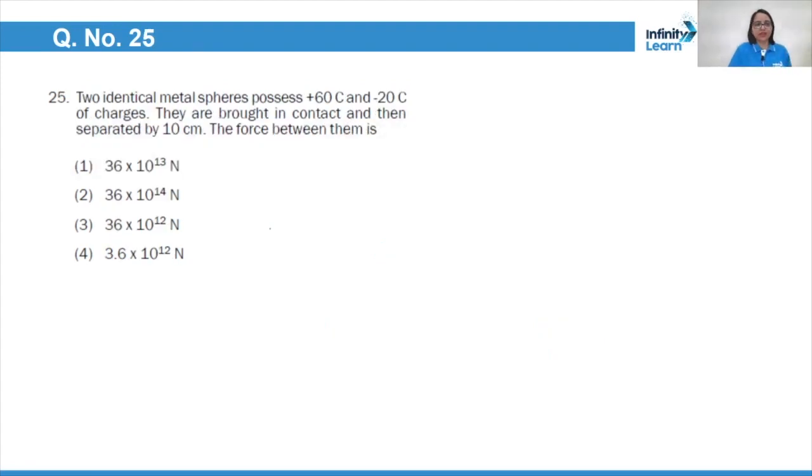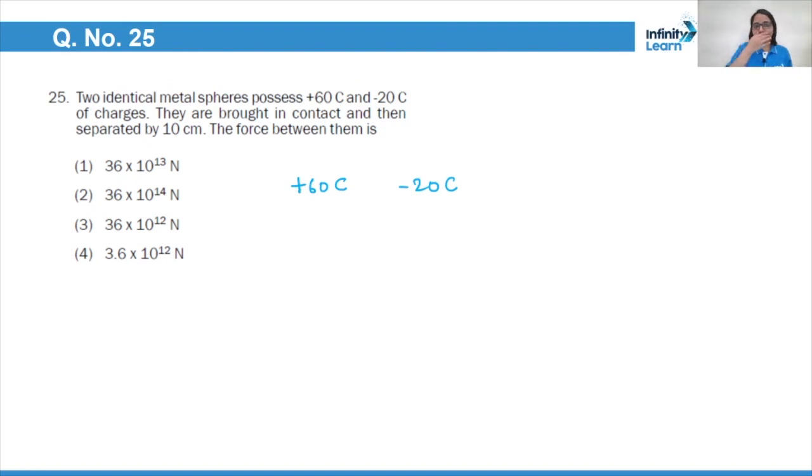Question number 25. We have two identical metal spheres with plus 60 coulomb and minus 20 coulomb of charges. They are brought in contact, then separated by 10 centimeter. Because of the contact, there's some potential difference between these two spheres, right? And because of the potential difference, the charges will transfer from one sphere to the other sphere, and the charge will transfer till the potential becomes the same, right?